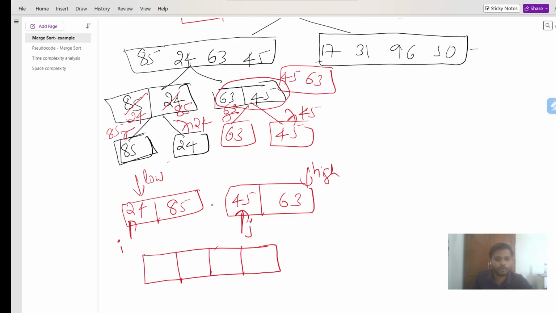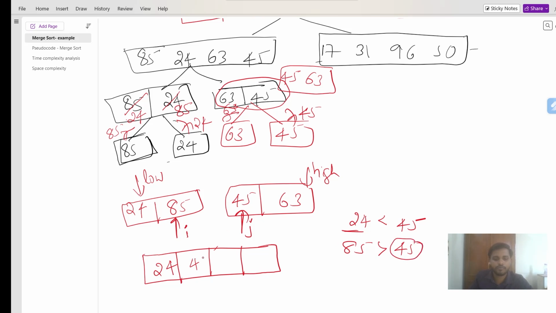Now 24 is compared with 45. 24 is less than 45, so 24 will be placed here. After that, i will be incremented. Again, 85 is compared with 45, but it is greater. So which element do I have to place in my temporary array? 45, this one.